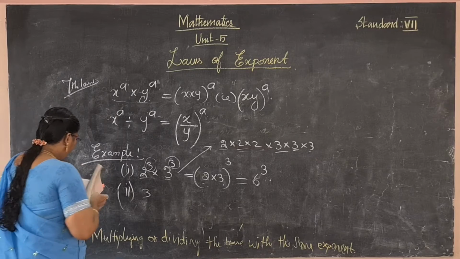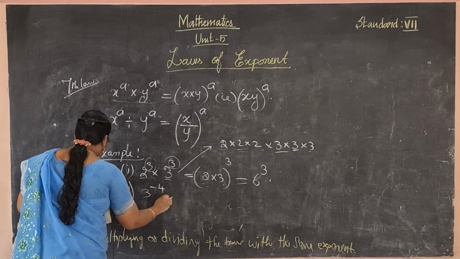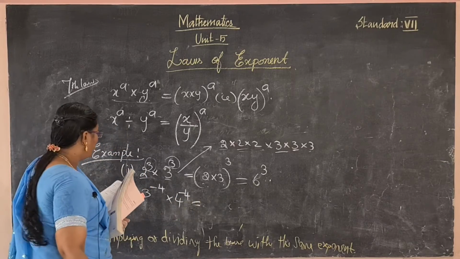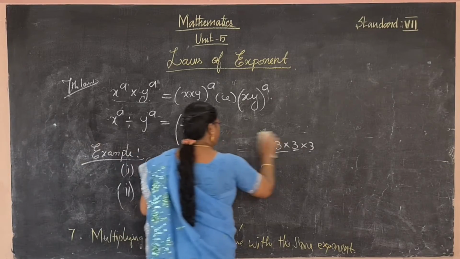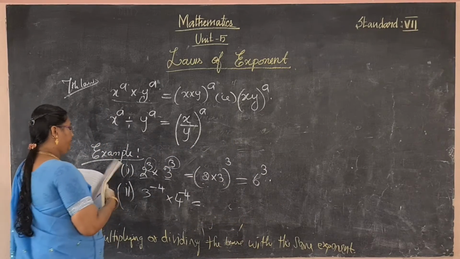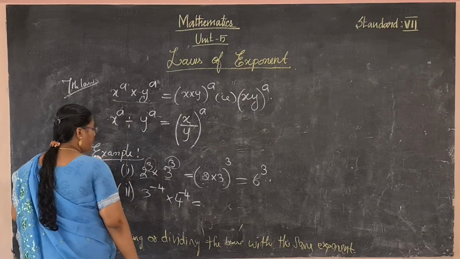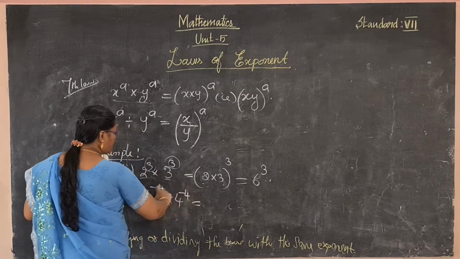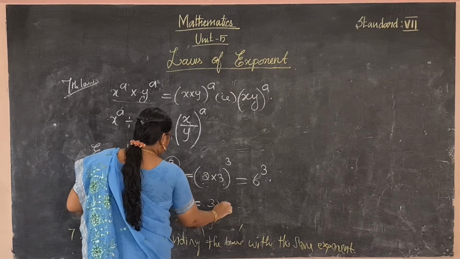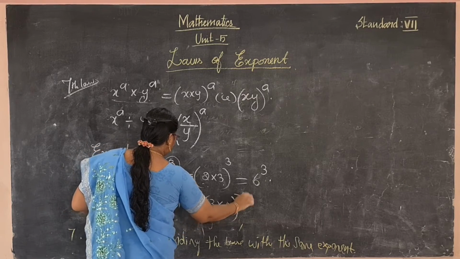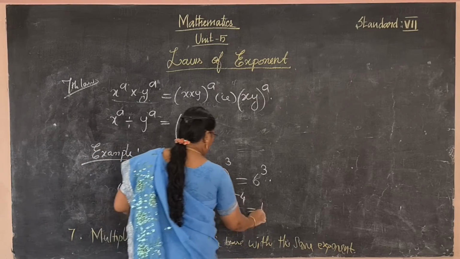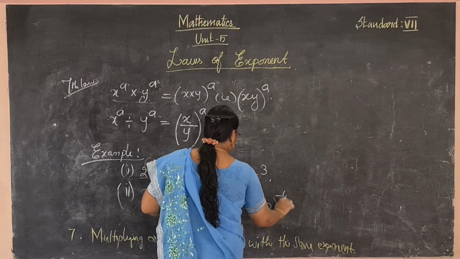And next one, 3 power minus 4 into 4 power minus 4. Okay, we need not write like this, you only write like that. So 3 power minus 4 into 4 power minus 4, the powers are same, so we multiply the bases. So 3 into 4, the whole power minus 4. 3 4s are 12, 12 power of minus 4.